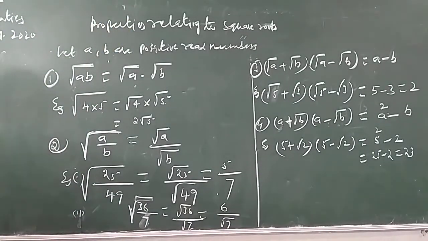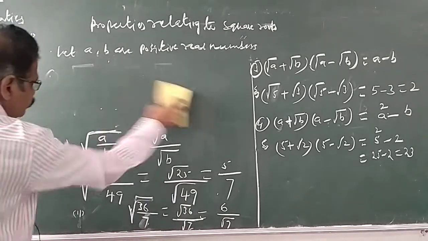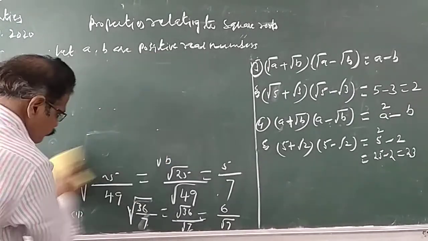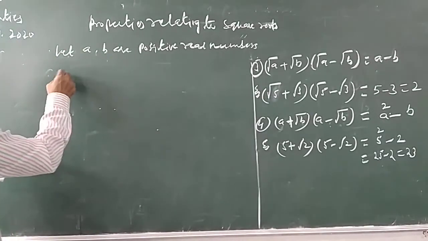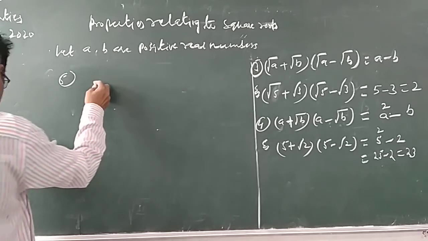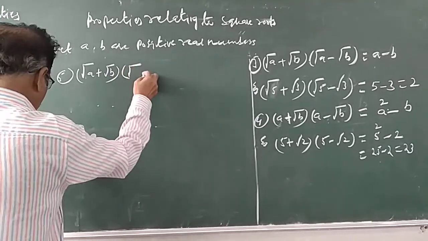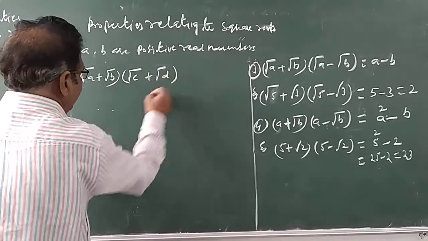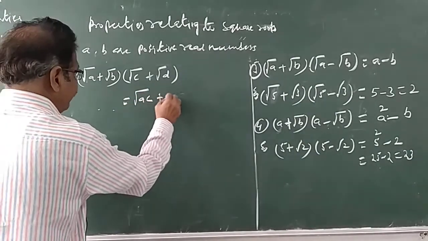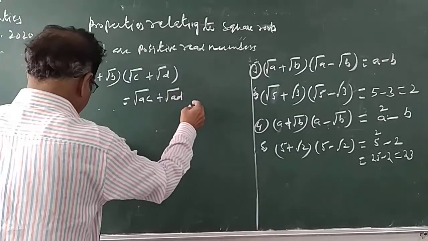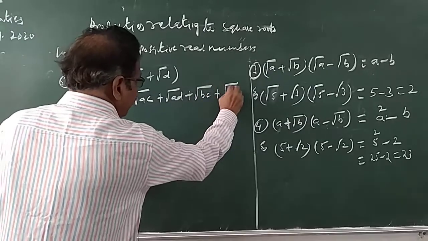Similarly, the fifth property: root A plus root B into root C plus root D is equal to root AC plus root AD plus root BC plus root BD.